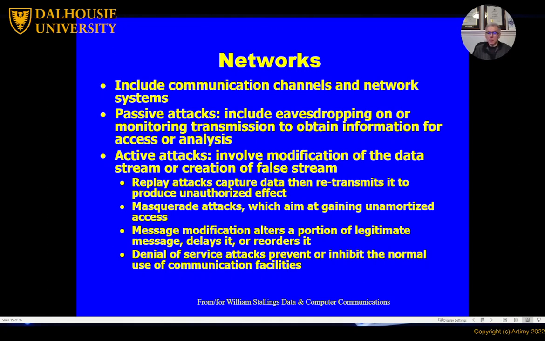Masquerade attacks and sometimes the spoofing attacks are aimed in gaining unauthorized, not unmortized here, unauthorized access. So there's a typo in the slide. So unauthorized access means, well, the masquerade attacks means that somebody pretends to be somebody else, right?